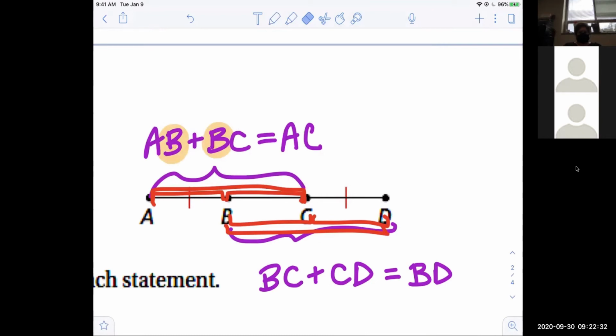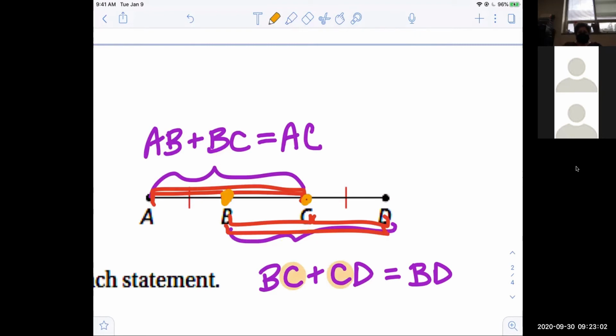Caroline. It's not necessarily the midpoint, but it is a point on the segment, right? It's the shared endpoint. B is the endpoint of both segment AB and segment BC. Okay, why is C here? Well, C is on the segment, so it's the shared endpoint of segment BC and segment CD.